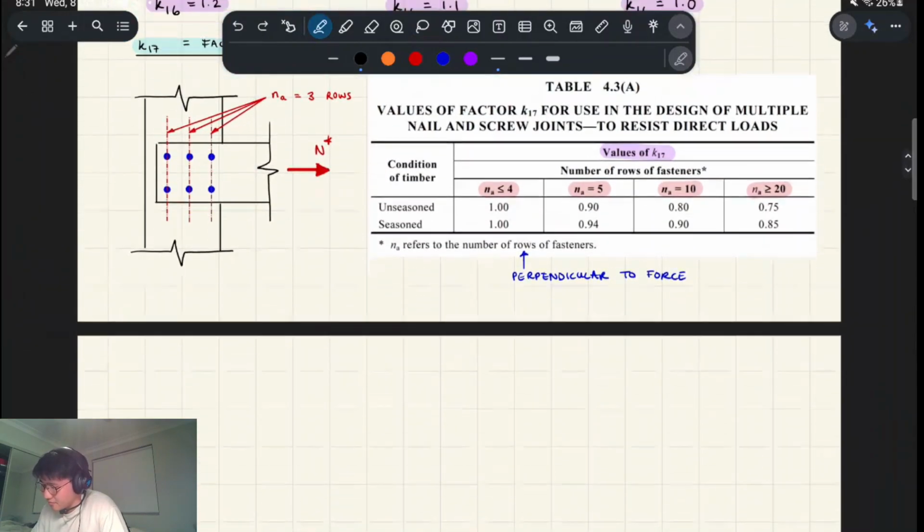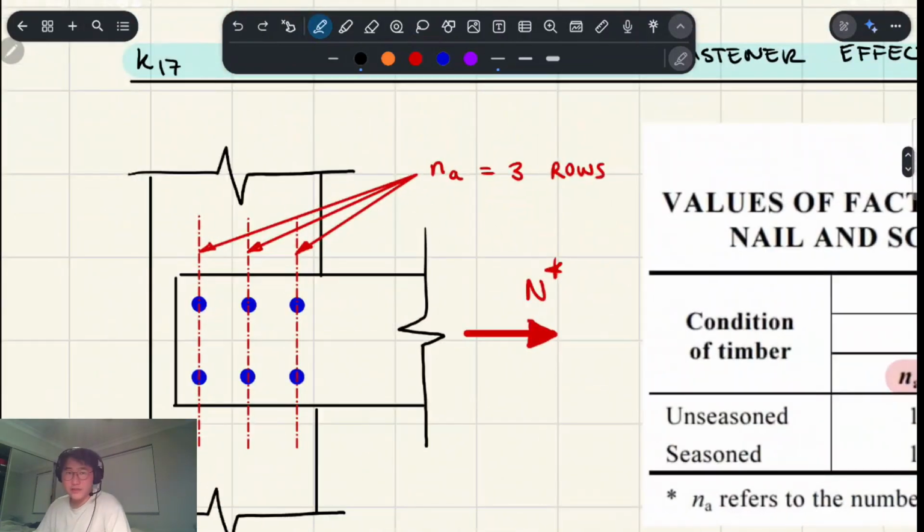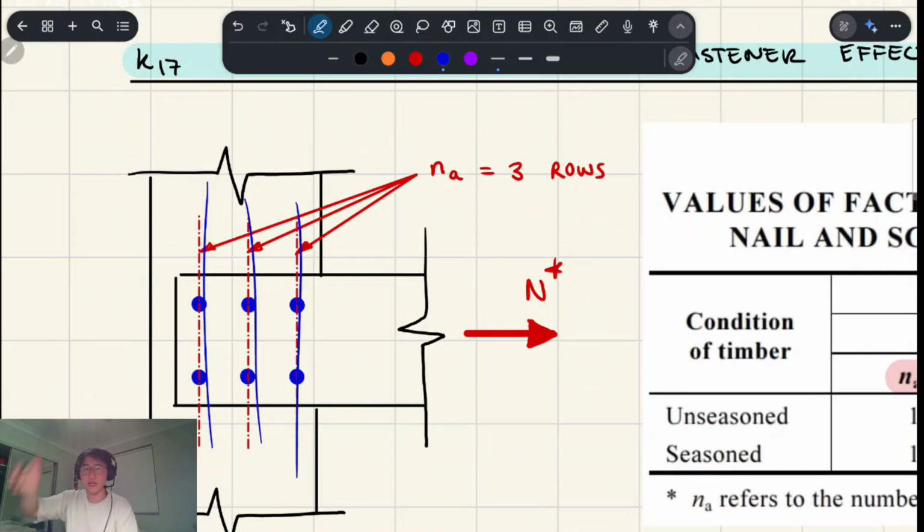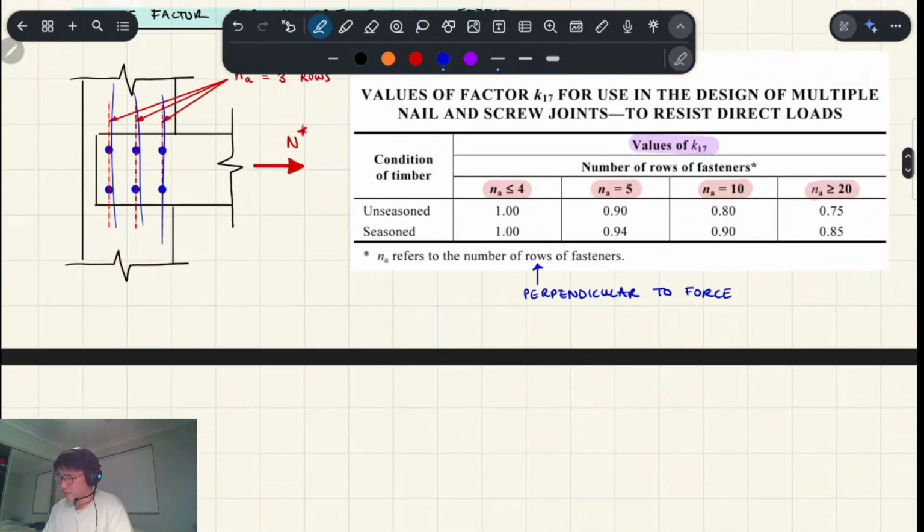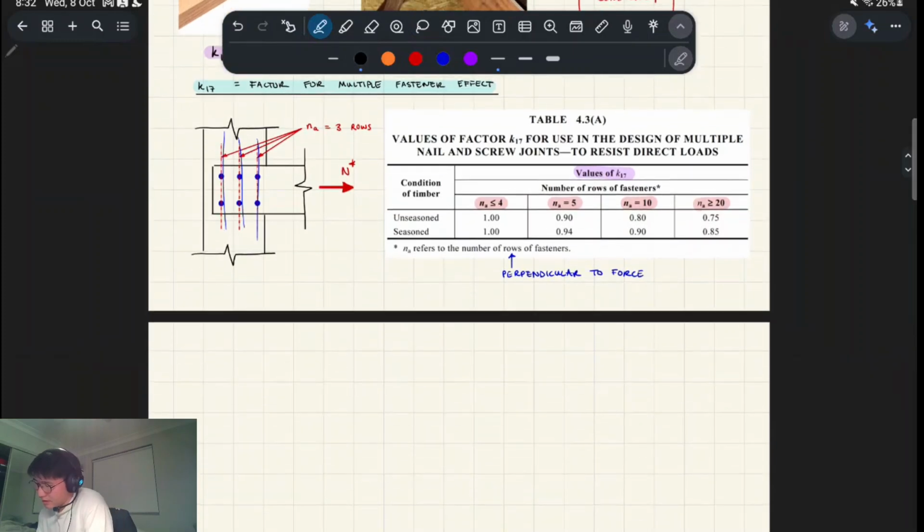Quickly before I draw this out, a row is perpendicular to the force, right? So if the force is going to the right, the rows you can draw as lines going the other way, essentially. Cool.